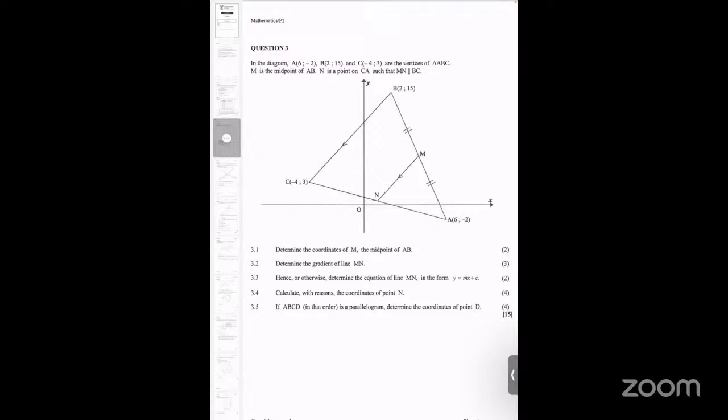In a parallelogram, two opposite sides must be parallel. So that means you see BC, try to construct AD, which can be parallel to BC. And at the same time, BA or AB must also be parallel to CD. So you can sort of have an idea of where that point is.